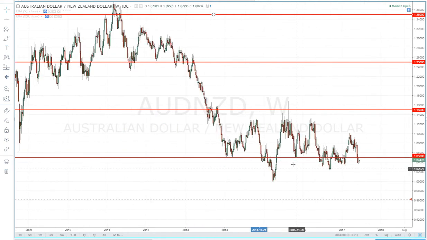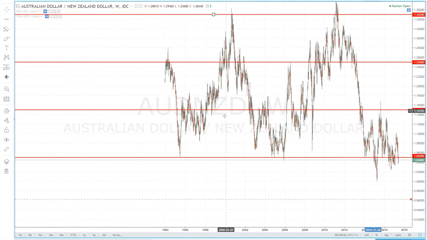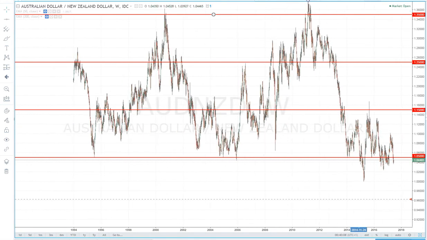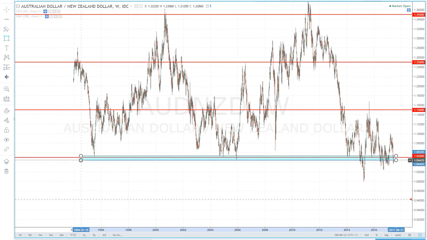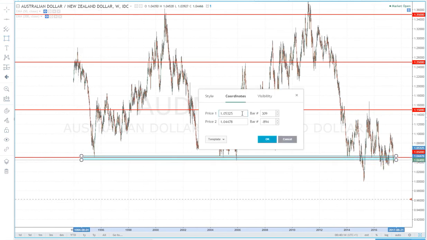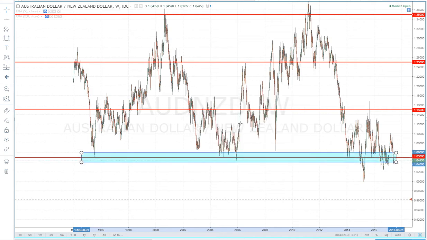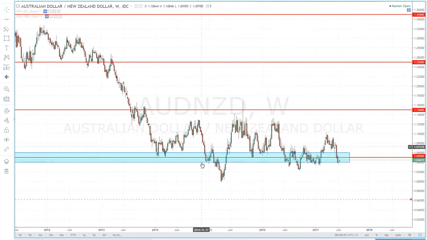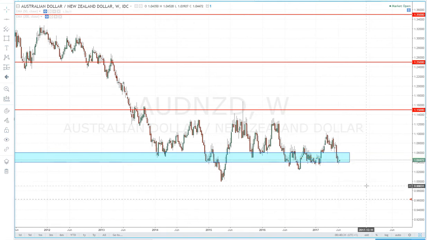So we'll zoom out and do that now, right across 1.06, 1.04. That's your kind of weekly zone, but it's more based around this area here. So we're at the bottom of the zone now, and I'll take that line out completely. I'm happy to have the zone there instead of the line.